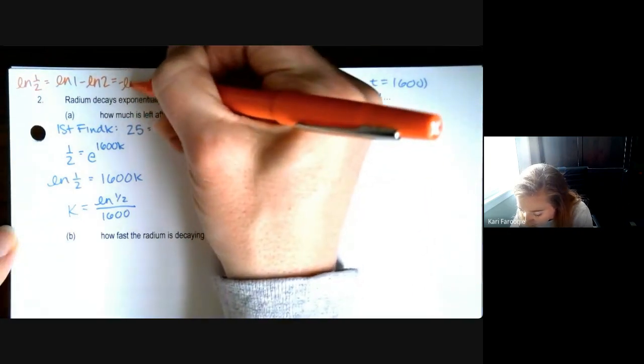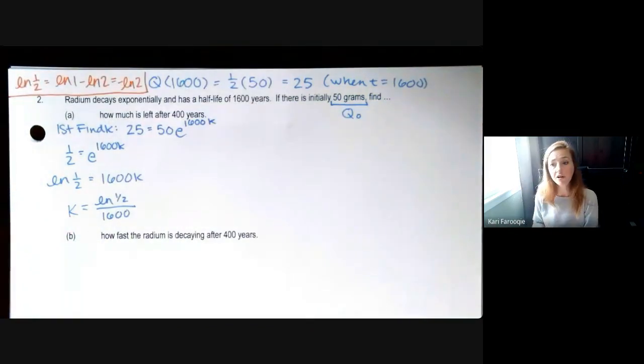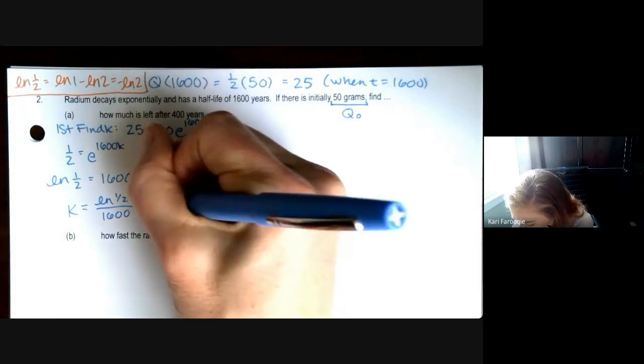So this just ends up being negative ln 2. So if you see negative ln 2 instead of ln 1/2, don't panic. It's just because they rewrote it, and a lot of times we just simplify out something like the natural log of 1 being 0. So this would be equivalent to saying negative ln 2 over 1600.